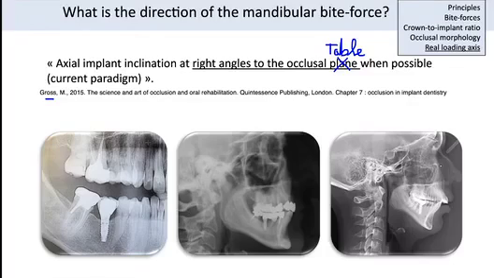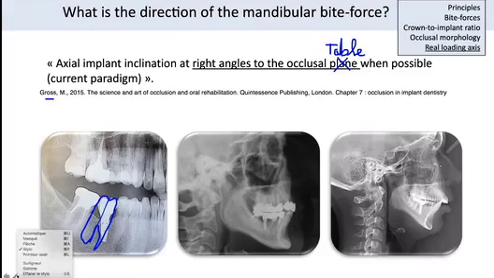For example, the natural tooth was probably like this, with this direction. Not with this direction.